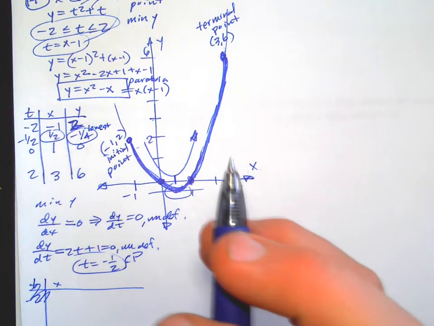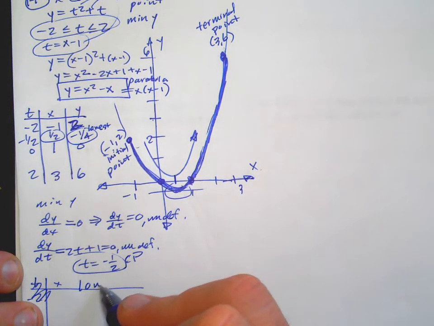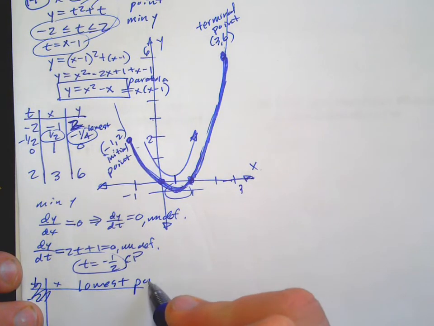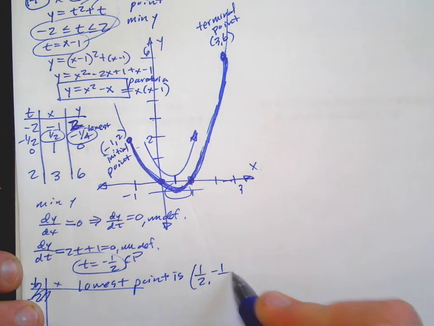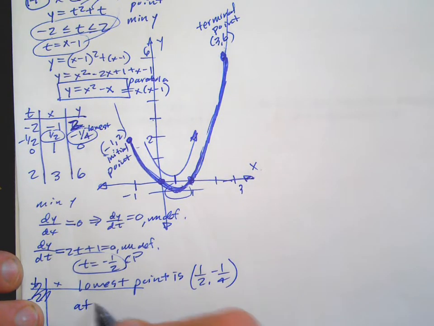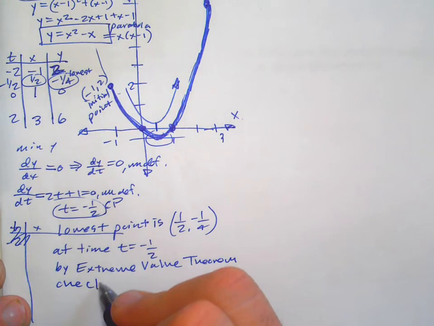So the lowest point is (1/2, -1/4) at time t equals -1/2, by extreme value theorem, checking endpoints and critical points.